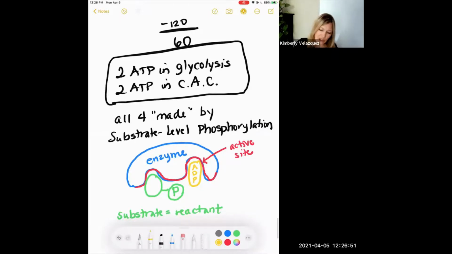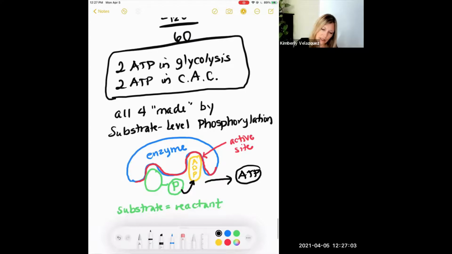And in this case, transfer of a phosphate group from a molecule to ADP to make ATP. And that is called substrate level because it's taking that substrate, the reactant, and transferring that phosphate group to ADP to make ATP.